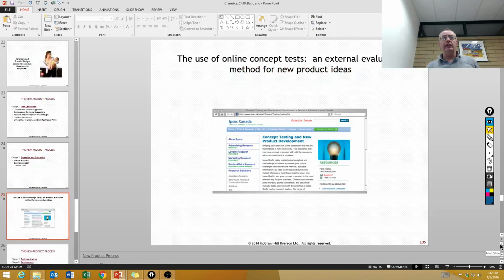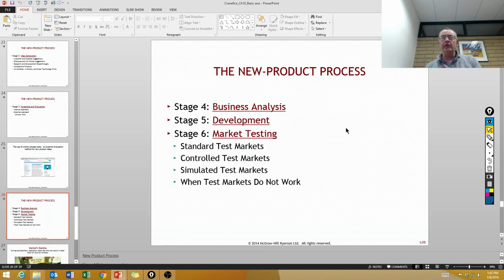Okay. Then the fourth step. So we come up with our set of ideas. We create a bit of a short list, get some feedback from our potential customers, and then we have a shorter list of product ideas, and then we start conducting a business analysis. So we start costing, what's it going to cost to produce the product.